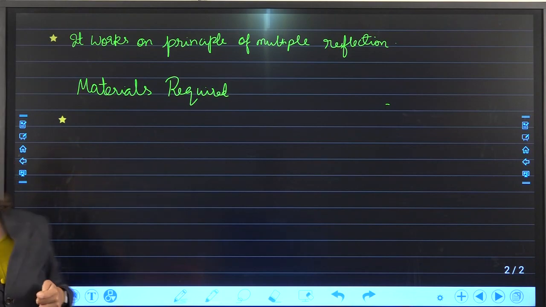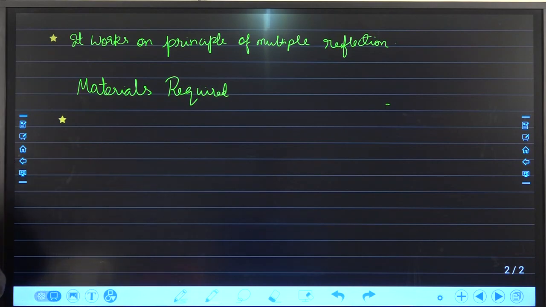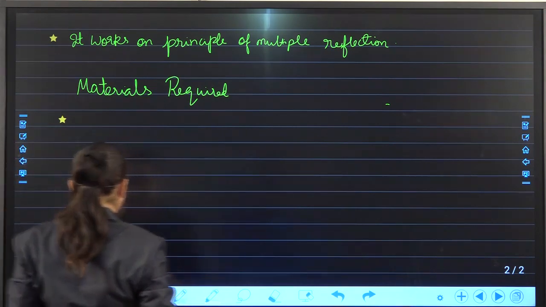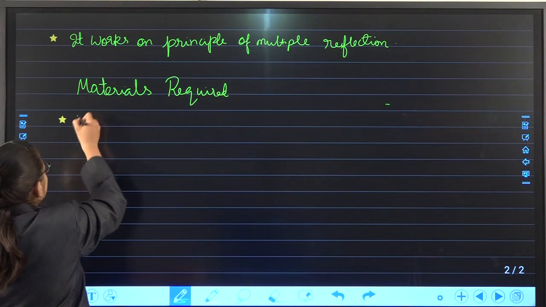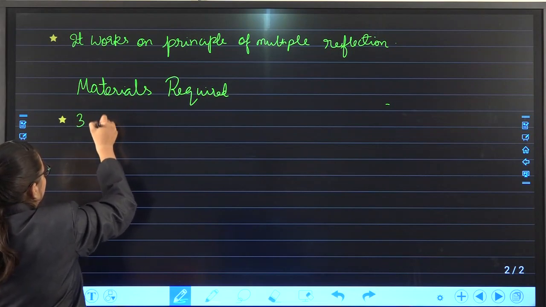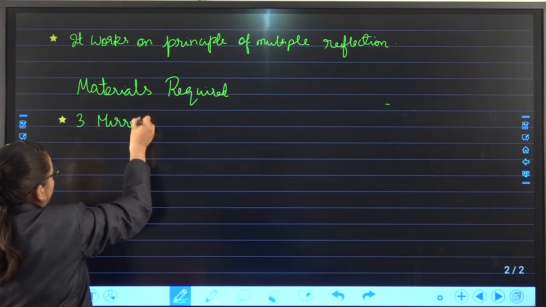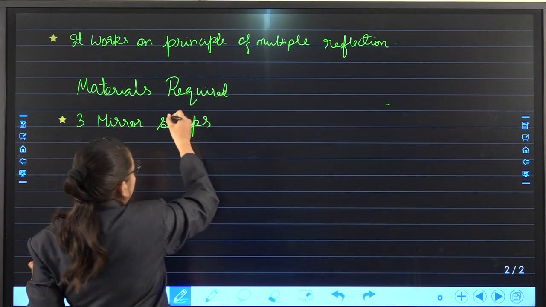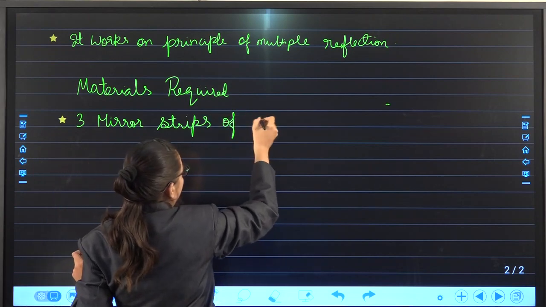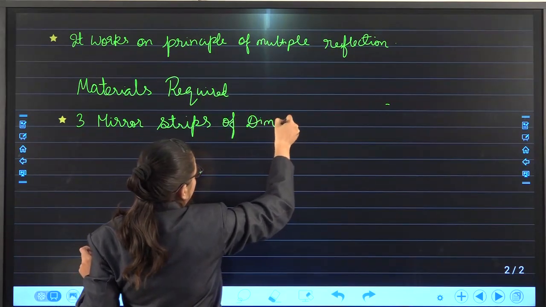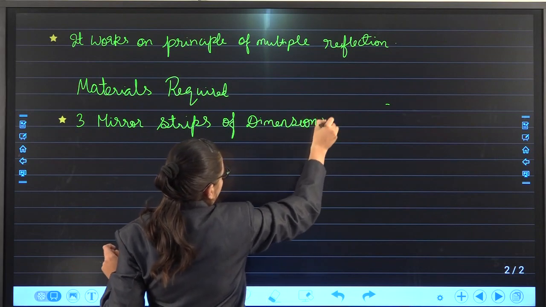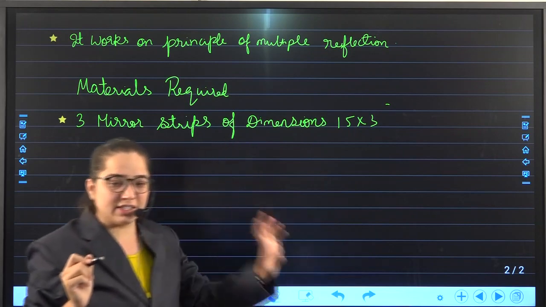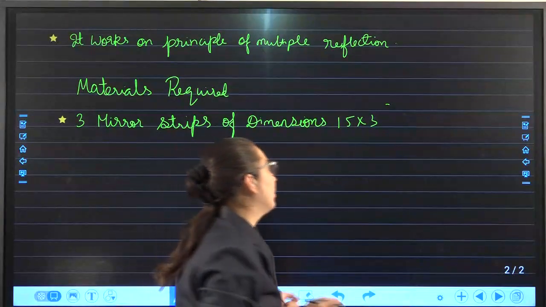First of all we need 3 mirror strips of dimensions 15 cross 3. That means the length should be 15 centimeter and the breadth should be 3 centimeter.